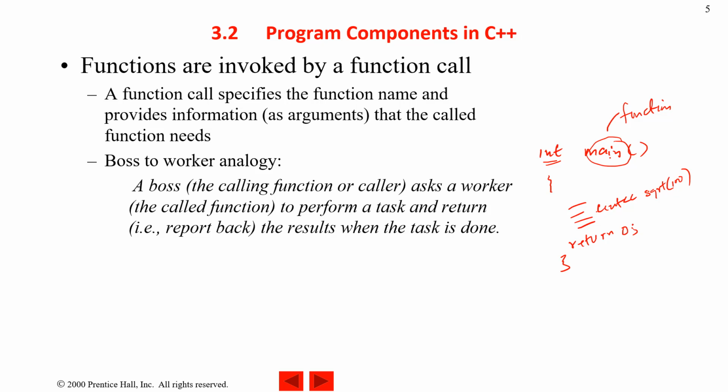So main is the boss. It's asking the worker, and the worker is the sqrt function, and it's sending it the value 100, saying please calculate the square root of 100 for me. So calculate the value and give me back the answer. And the square root is given the value 100, it returns, and whatever it returns is printed in the cout statement.